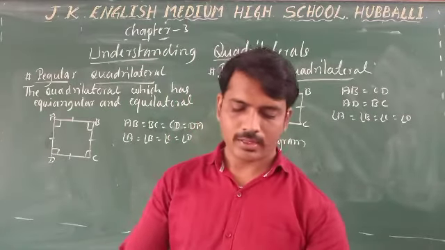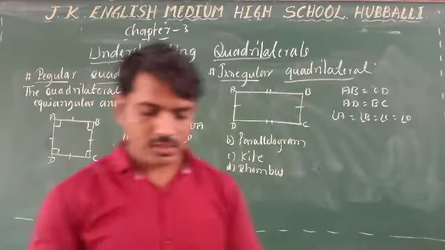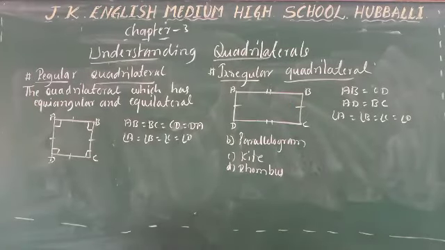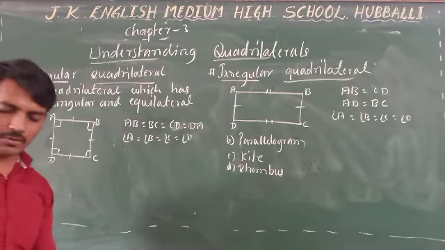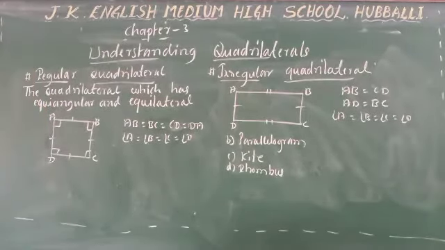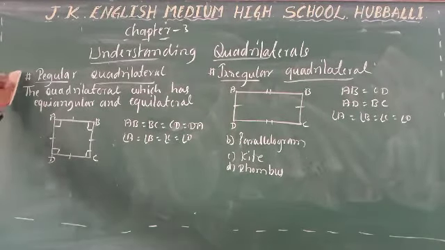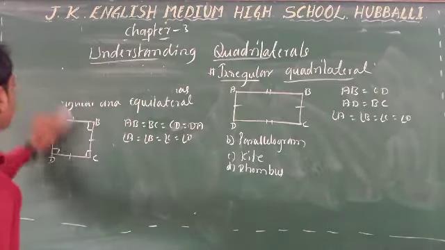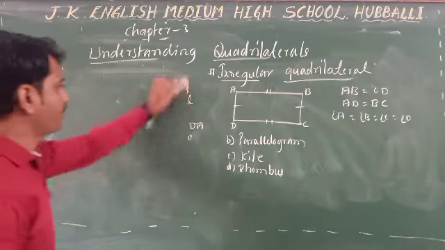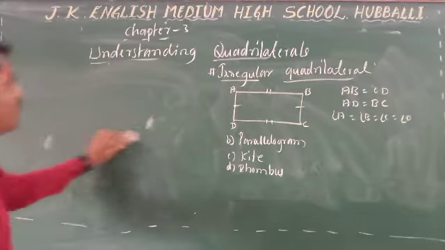So the next point is convex and concave quadrilaterals. Convex quadrilateral and concave quadrilateral. So next heading. Okay.